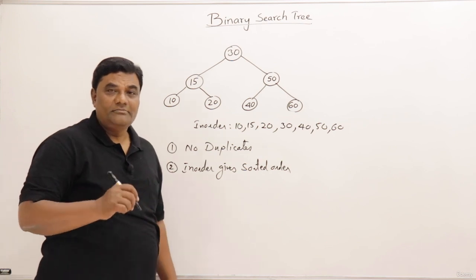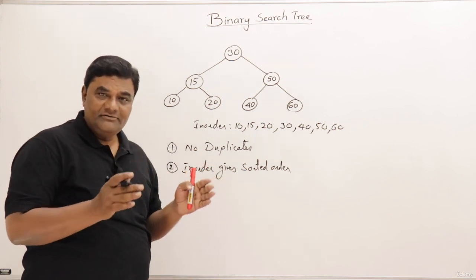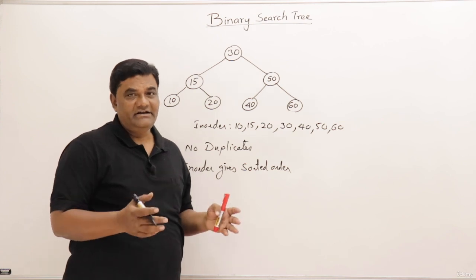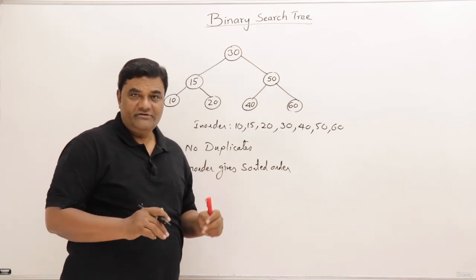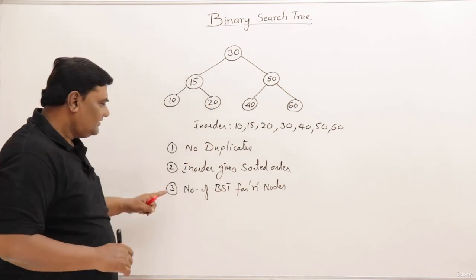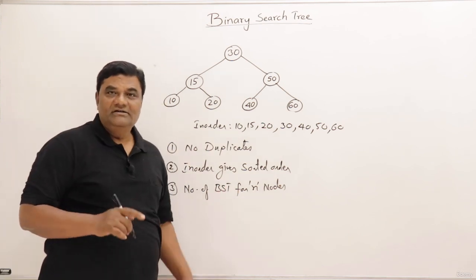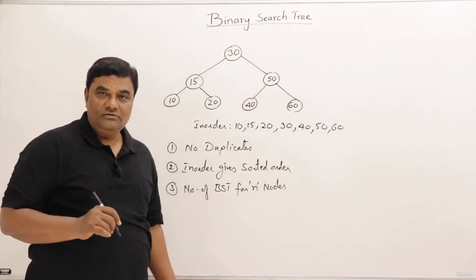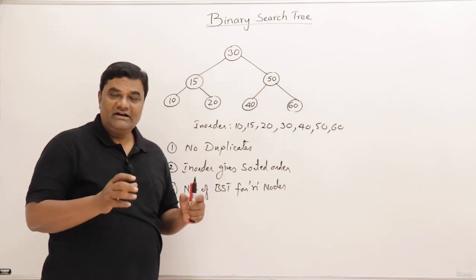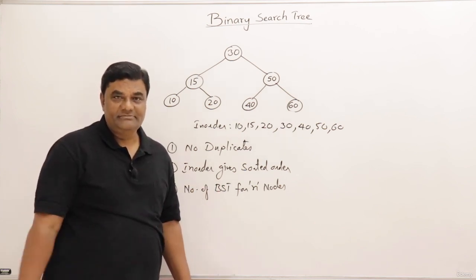Then the third property. If we have some nodes, how many different binary search trees can be created for the same set of nodes? So, the number of binary search trees for n nodes. I'll remove this and show you how many are possible.